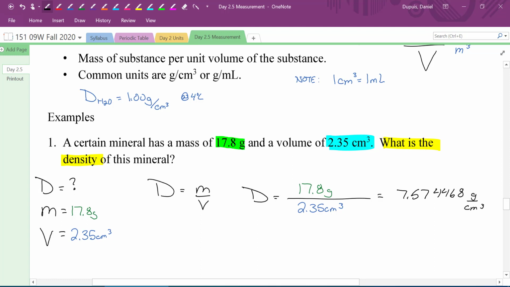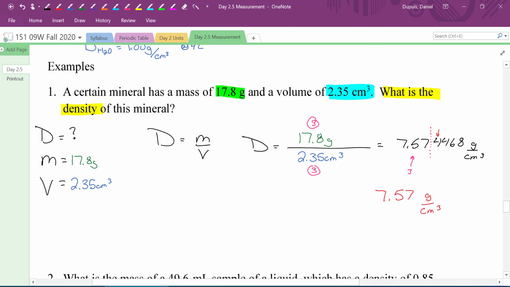Now, this goes back to the sig figs that we just talked about. How many sig figs are up top here? 3, right? On the bottom, 3 sig figs. So my answer can have 3 sig figs, and my answer is going to be 7.57, because with 3 sig figs, since that's a 4, we keep the number, grams per centimeter cubed.